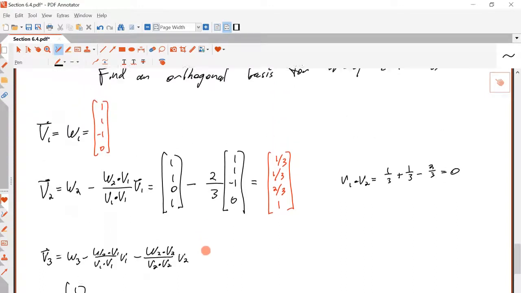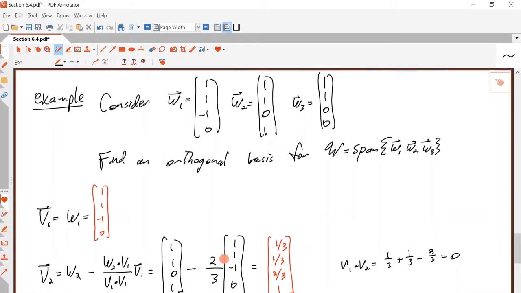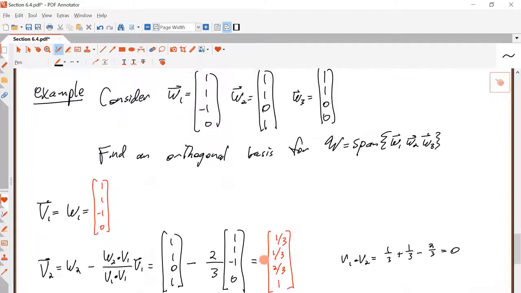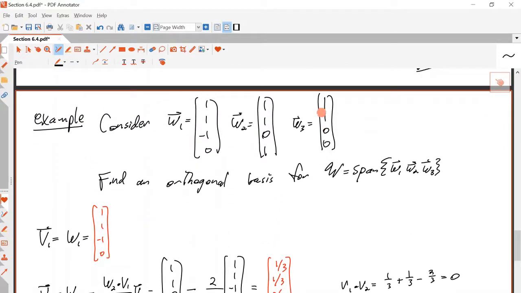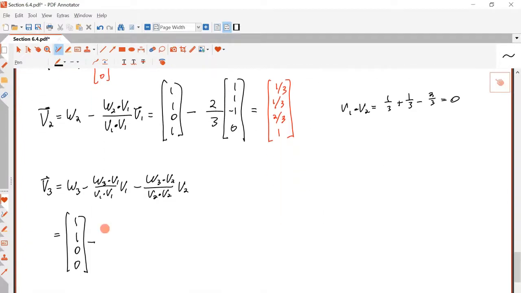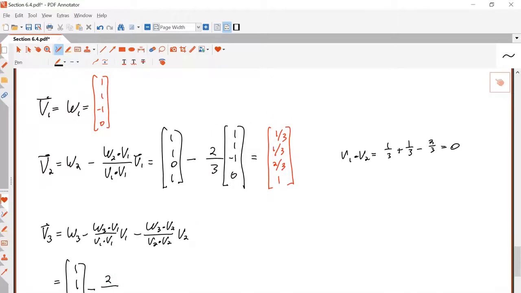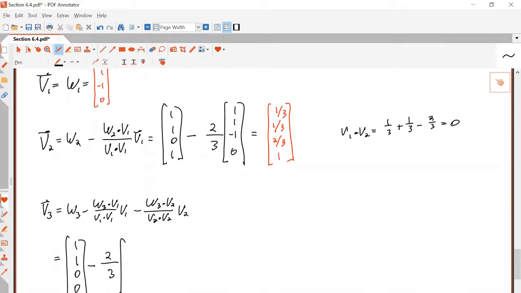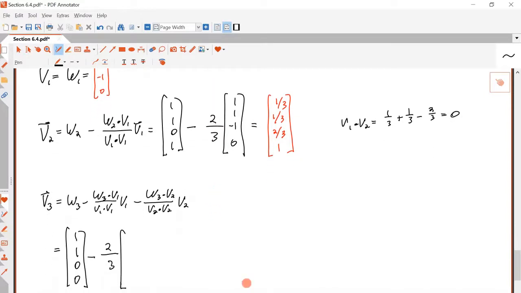Minus W3 dot V1. Here's W3, here's V1. The dot product is 2, over V1 dot V1, that's 3, times V1, which is 1, 1, negative 1, 0.